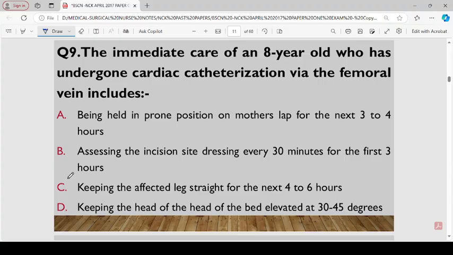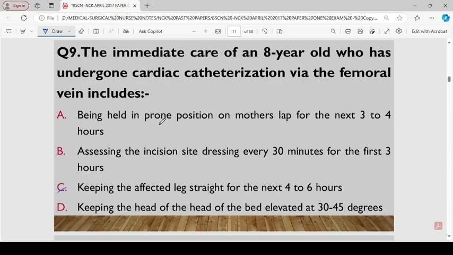The immediate care of an 8-year-old who has undergone cardiac catheterization via the femoral vein includes, this is number 8, right? I think keeping the affected limb straight for the next 1 hour will be the best intervention for this one.